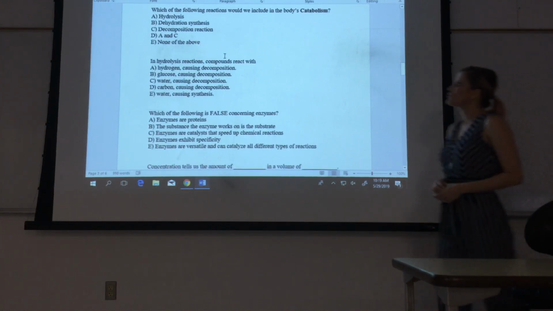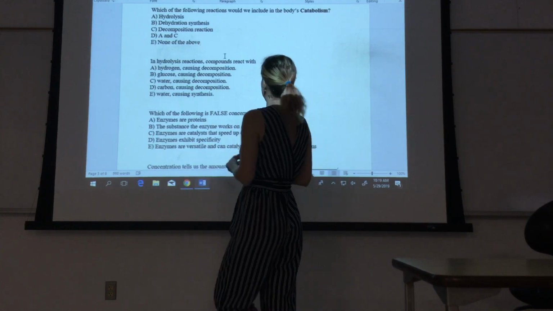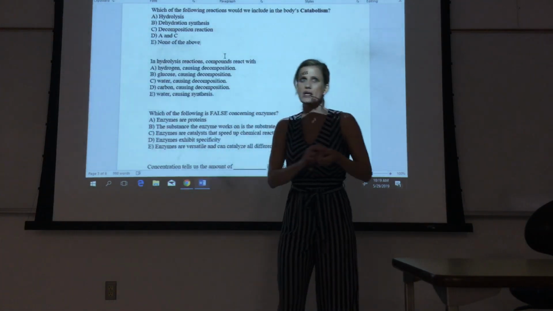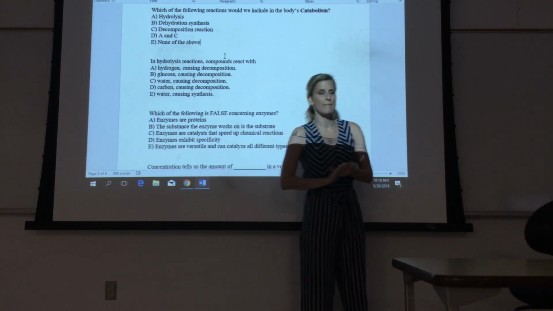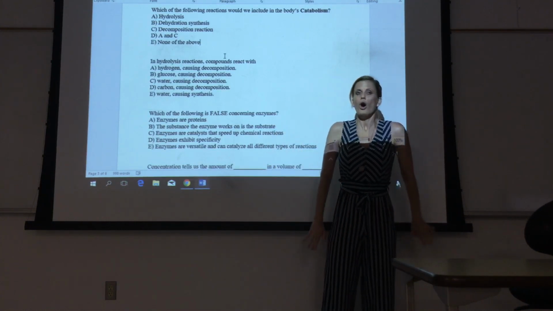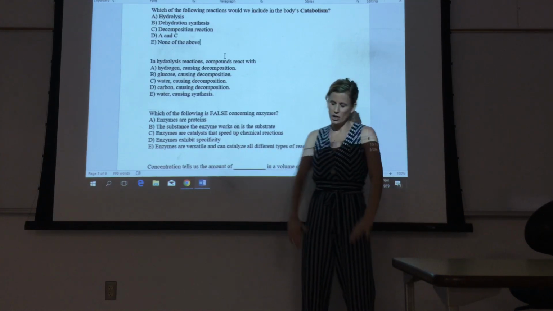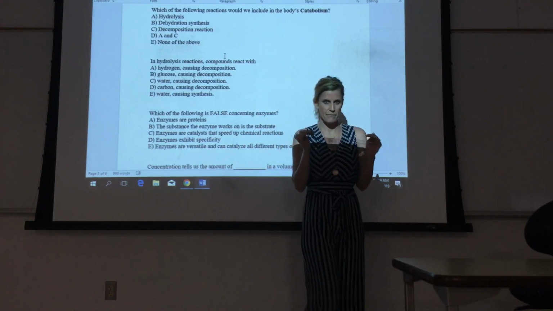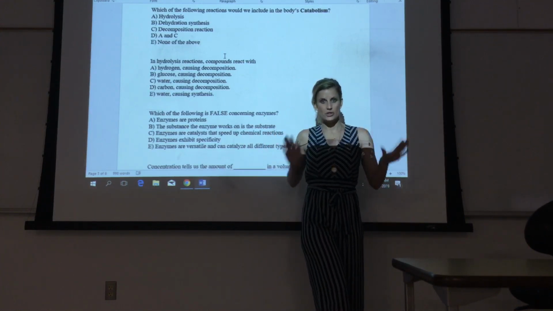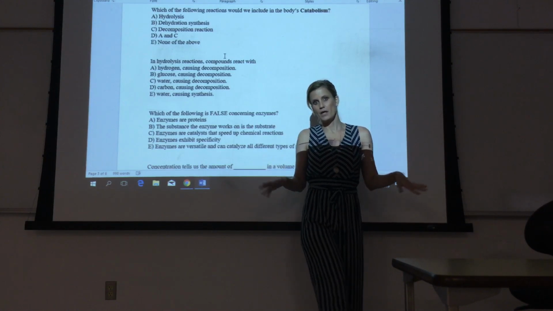Which of the following reactions would we include in the body's catabolism? Again, before looking at the answers, let's think about catabolism, anabolism, and metabolism. All the chemical reactions that are occurring in your body, no matter what kind, all of them together, that's referred to as your metabolism. Then we can break that up into two different parts, anabolism and catabolism.